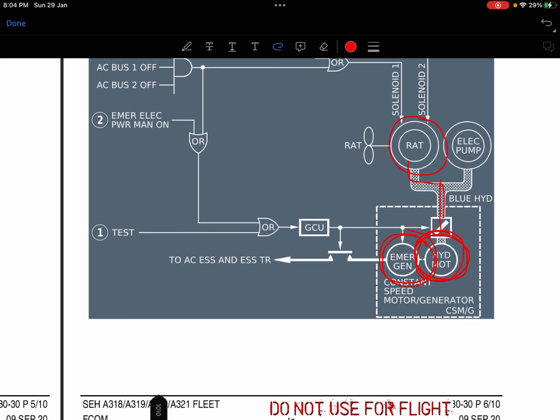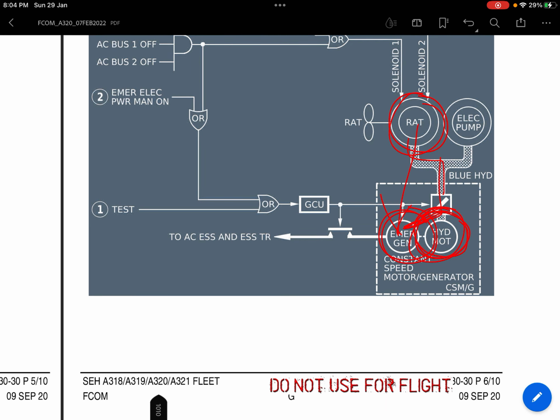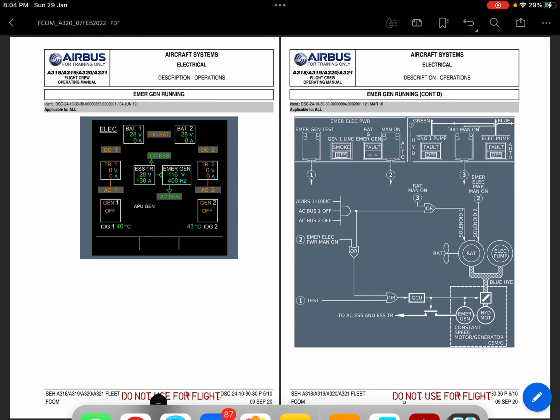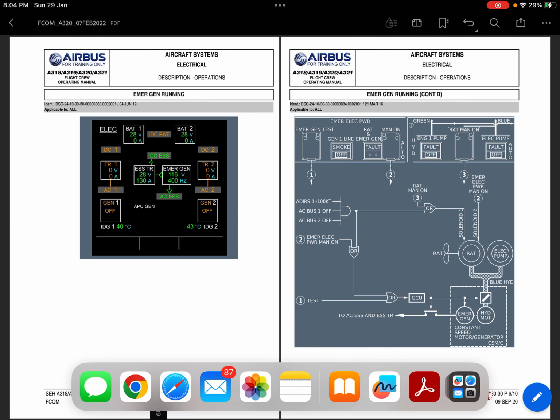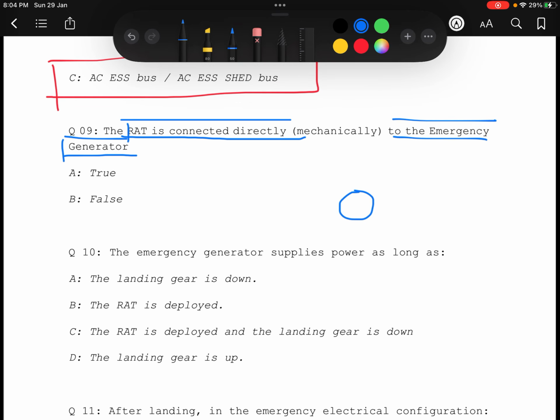It is not a direct mechanical linkage between the RAT and the emergency generator. It is a hydraulic motor in between, right? I hope it is clear now. Going back to the question, the option is Bravo, false.